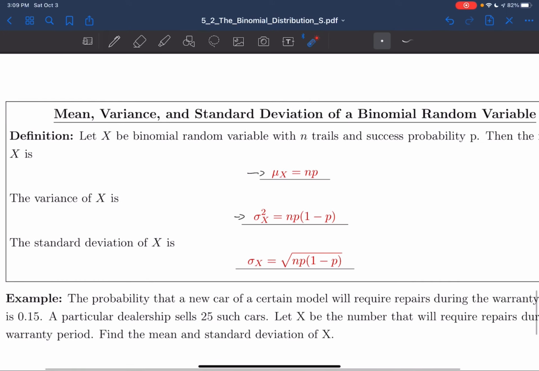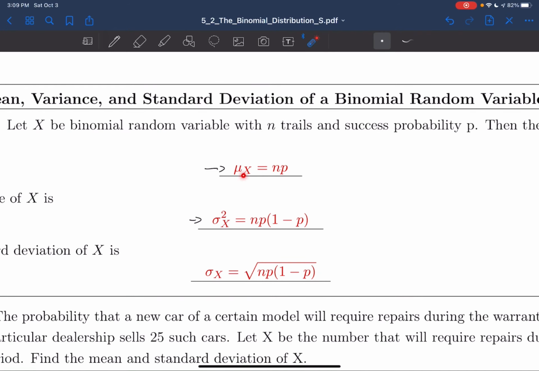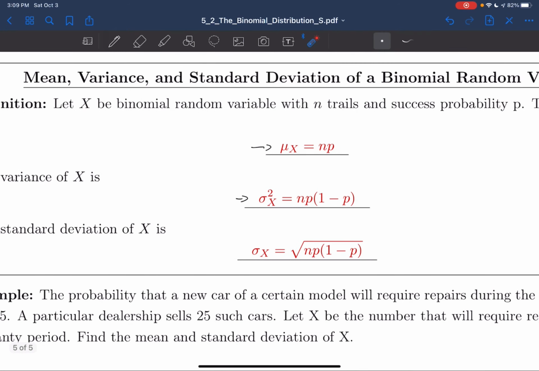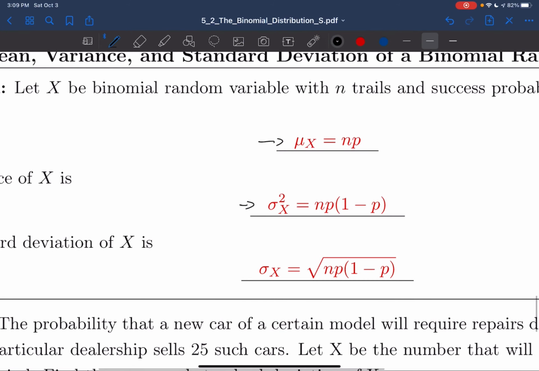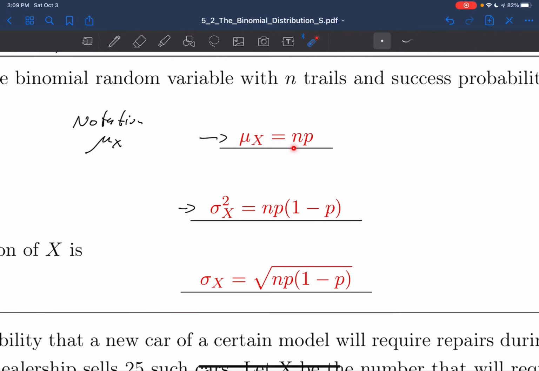So here, let X be a binomial random variable. To compute the mean, we call it mu of X. This is just the notation of mean. So this is just the mean of X. It's just the number of trials n times the probability of success p. So n times p.